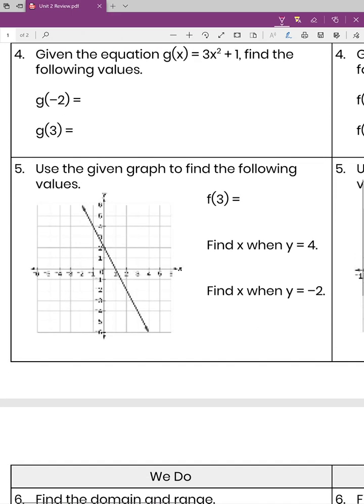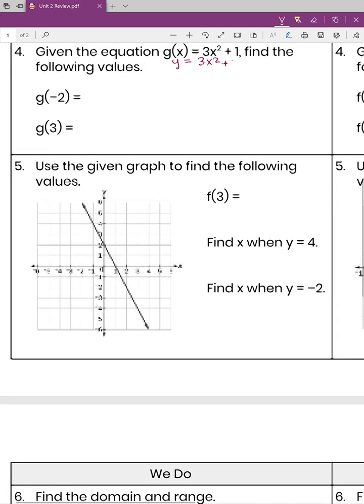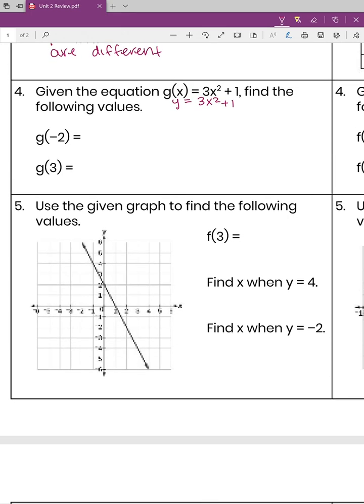Number 4 says given the equation g of x equals 3x squared plus 1, find the following values. Remember, if we see a letter with an x in parentheses, that is the same as y. So this is the same as saying y equals 3x squared plus 1. And it wants us to find g of negative 2.